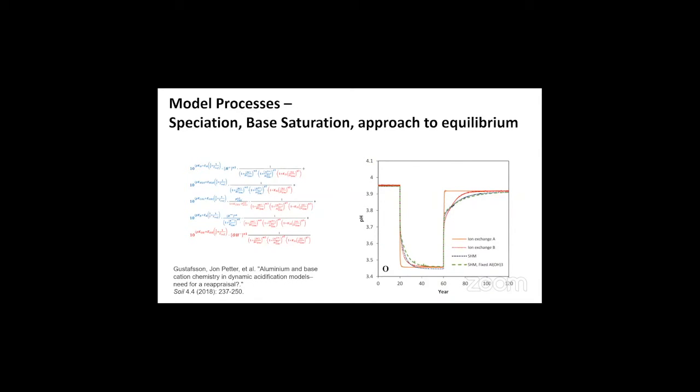Another thing that we found was that the chemical brakes when a weathering process gets towards equilibrium were not implemented satisfactorily in PROFILE. That had implications for the next area we looked at, upscaling from a soil profile to a catchment and what was delivered to a stream.